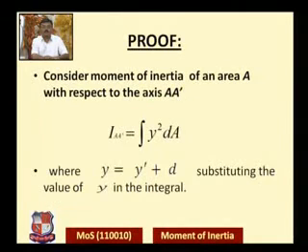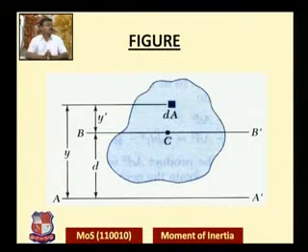Now we require the moment of inertia of the entire area, that's why I have shown the integral sign here. So I_AA' is integration y square dA, which is the moment of inertia of the whole area about the AA' axis. Now you can observe that y is equal to y' plus d.